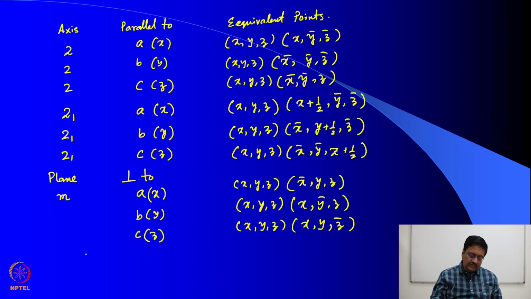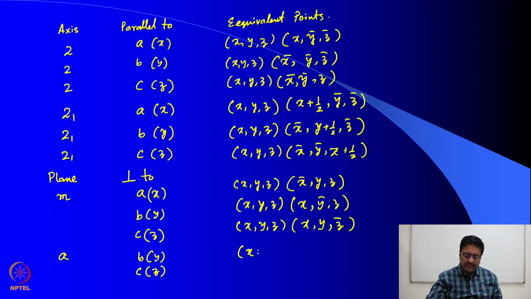Similarly, I'll just do it for A glide perpendicular to B, that is y, and perpendicular to C, that is z. So when it is perpendicular to B, it means the translation is along A because it is A glide, and reflection is perpendicular to B, that means it is y bar.